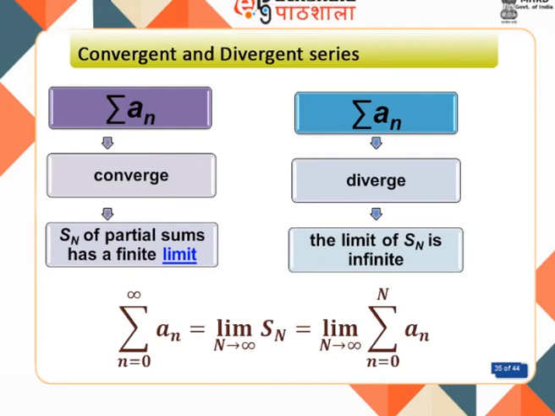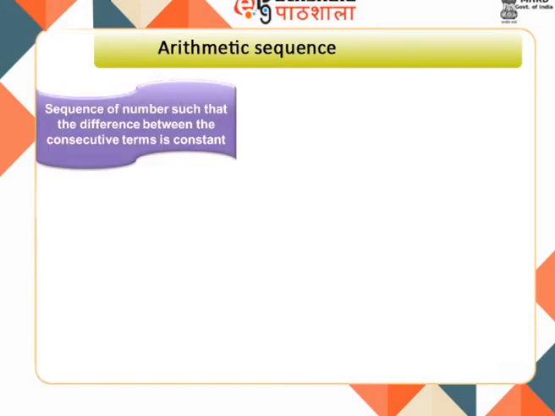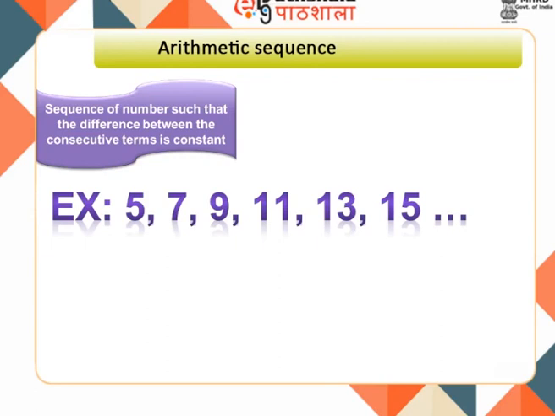An arithmetic series is a series of numbers such that the difference between consecutive terms is constant. For instance, the sequence 5, 7, 9, 11, 13, 15, and so on is an arithmetic progression with a common difference of 2.